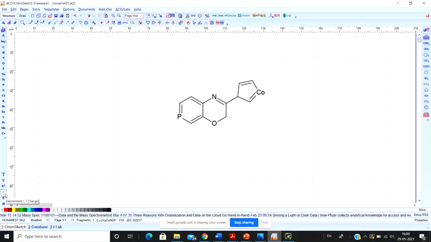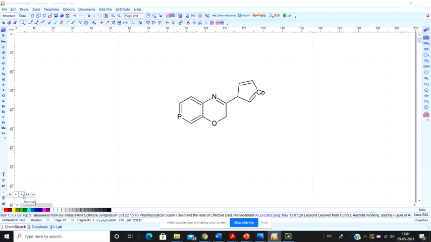Okay, understand? And apart from it, you can also add the radical group. Sometimes, as I've told you, the ROS and NOS are radicals. The radicals are highly reactive. So if you want to attach a group to your molecule to increase its reactivity, you can obviously add that radical.